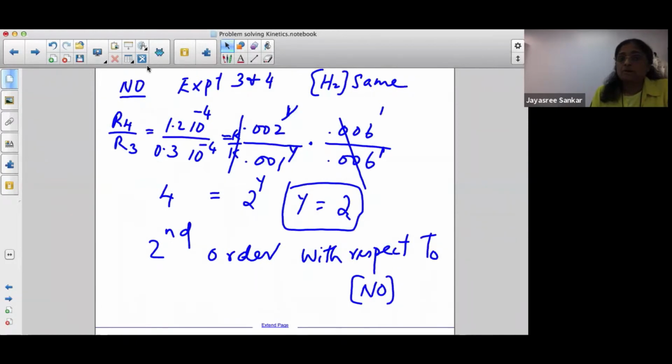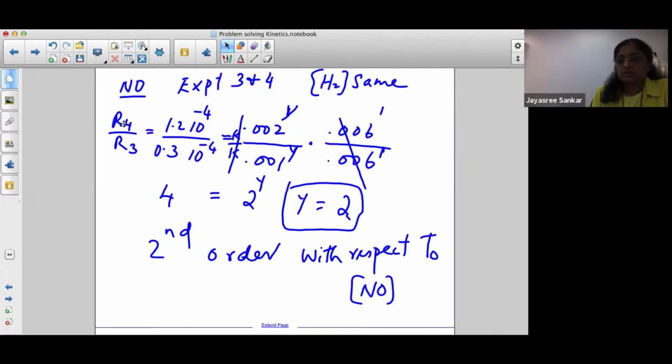Now, if you have to find the order with respect to NO, we need to change the concentration of NO while keeping the hydrogen concentration the same. So we selected experiment number 3 and 4 from the data.